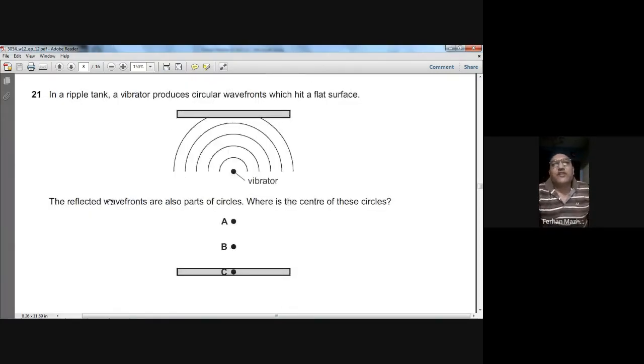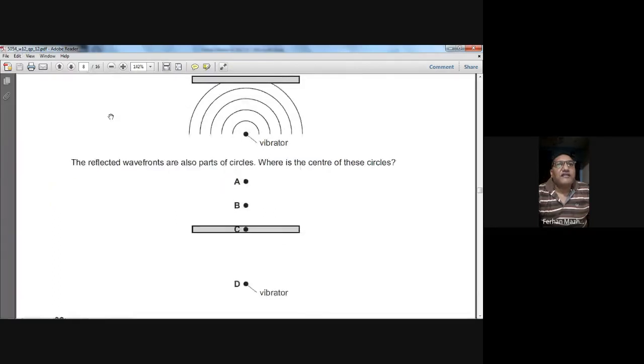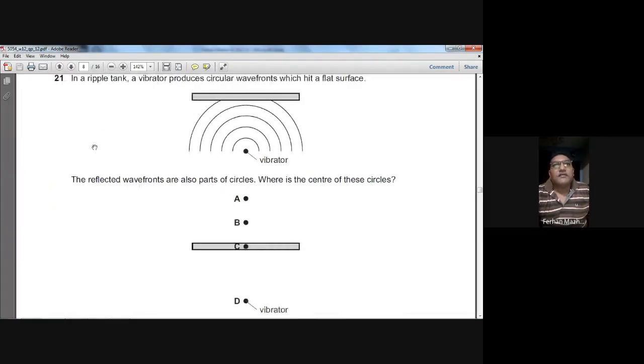Okay, on your screen, let me reduce the size a little bit. In our ripple tank, a vibrator produces circular wavefronts which hit the flat surface. The reflected wavefronts are also part of circles. Where is the center of these circles?